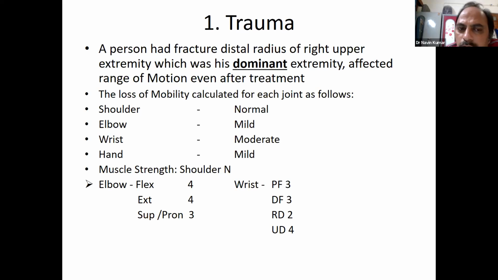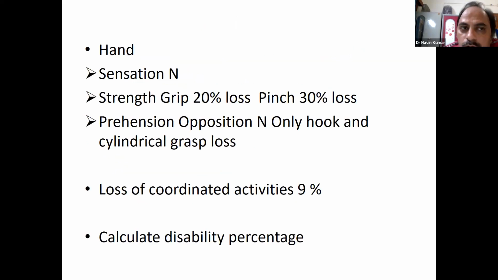Muscle strength: shoulder was normal, elbow flexors and extensors were 4, supination and pronation were 3, wrist plantar flexor and dorsiflexor were 3, radial deviator was 2, and ulnar deviator was 4. In hand, sensation was normal, but strength: grip 20% loss, pinch 30% loss, prehension and opposition normal, only hook and cylindrical grasp loss, and loss of coordinated activity is also 9%.